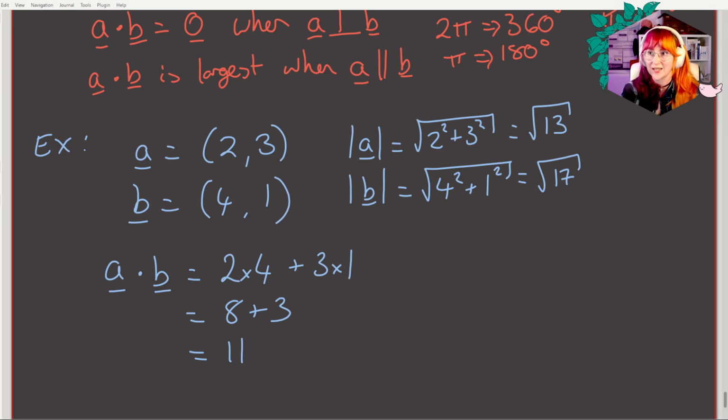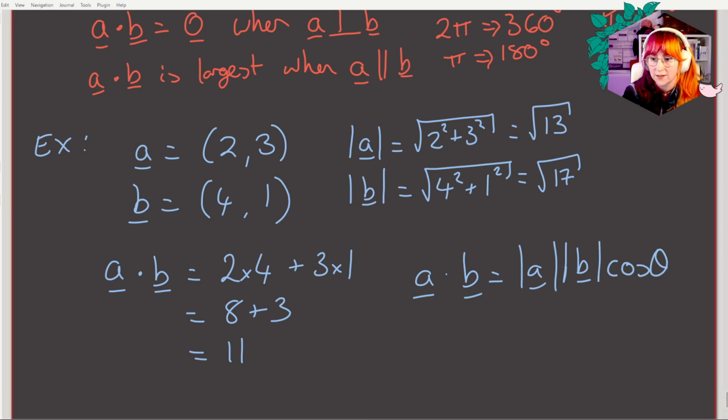What we could do is A dot B equals mod A mod B cos theta. So we get 11 is root 13 times root 17 cos theta.